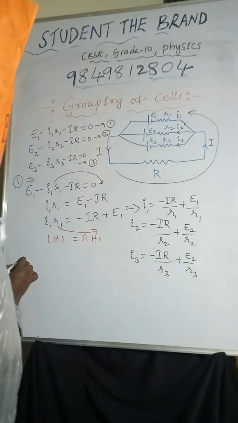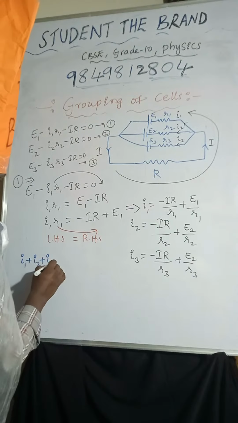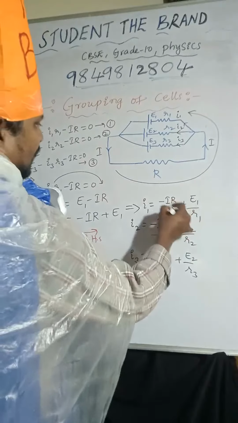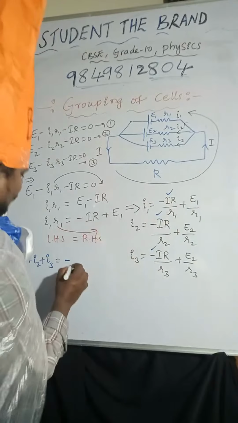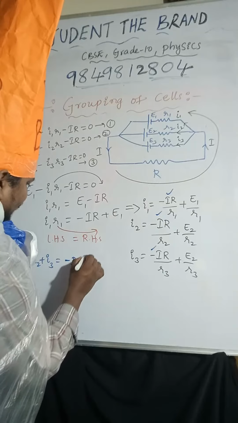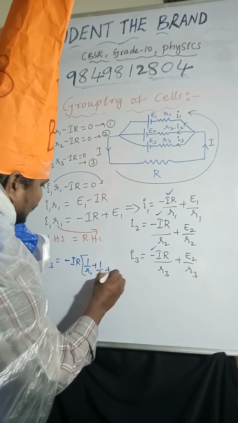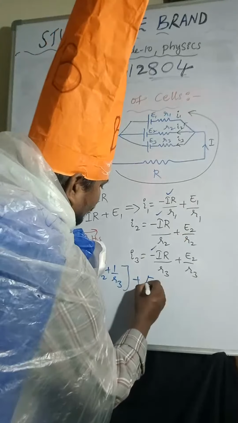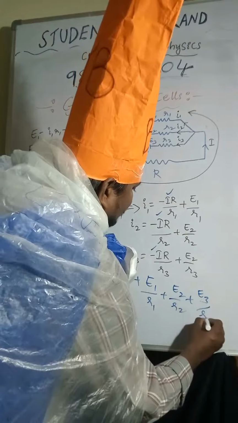You can see here I1 plus I2 plus I3 equal to, in these three terms we can take IR common, minus IR, times 1 by R1 plus 1 by R2 plus 1 by R3, plus E1 by R1 plus E2 by R2 plus E3 by R3.